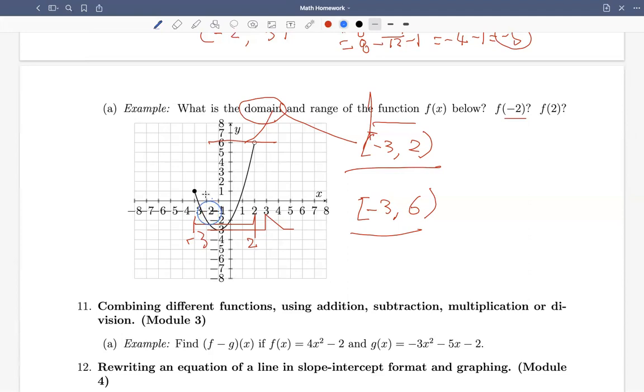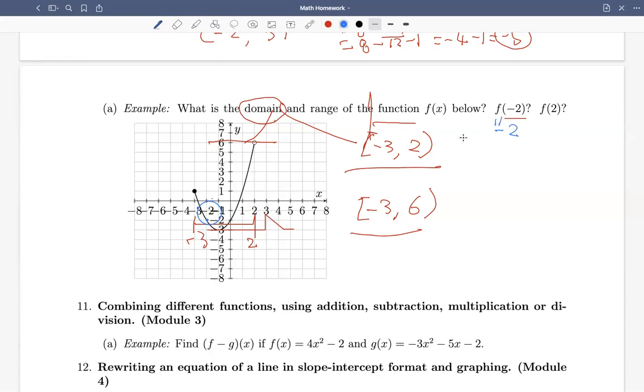Then I go to the graph. I see the graph is down here. All right, so that's the function value. So I find this point on the graph on the vertical line of x equals -2, right? So I see the function value also equals -2. You see this point, right? This point, x value is -2 and the function value is -2 also. So I know f of -2 also equals -2.